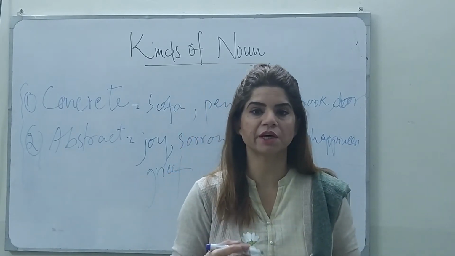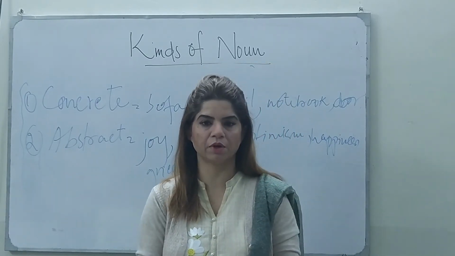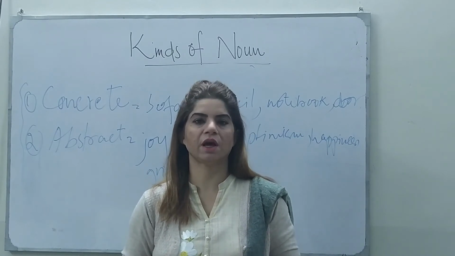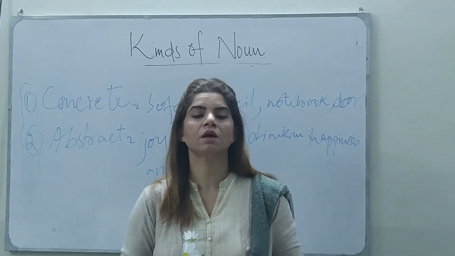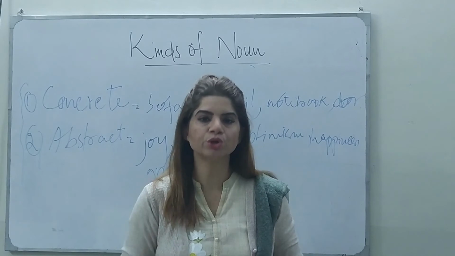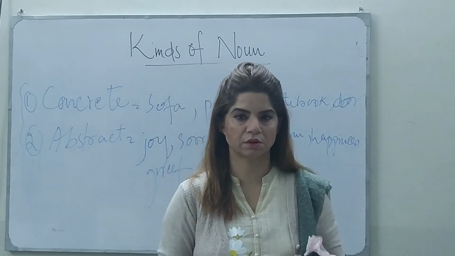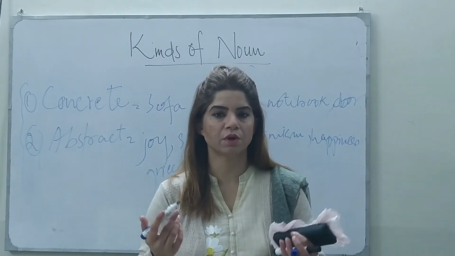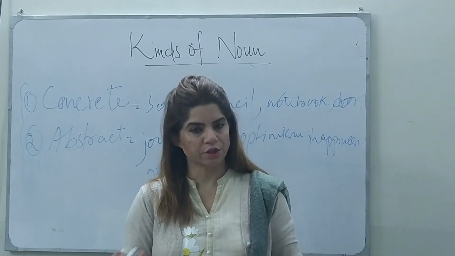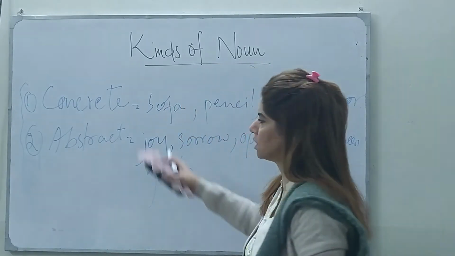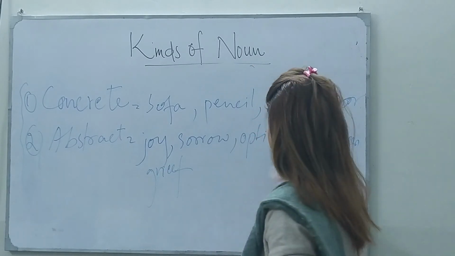You cannot touch them. You cannot bring them into your five senses. They occur basically in your brain. They bring that notion into your brain whether the environment is happy or grief or sad, and you act accordingly. Okay, these are called concrete and abstract nouns.